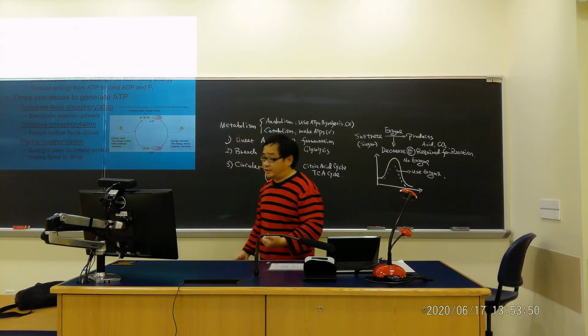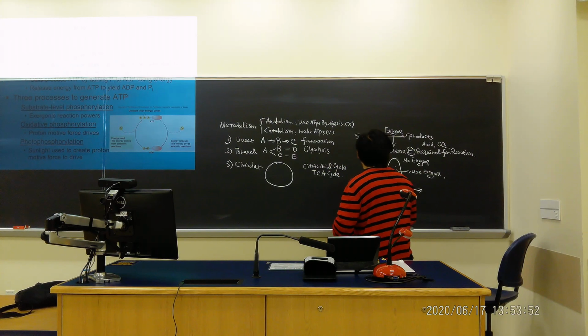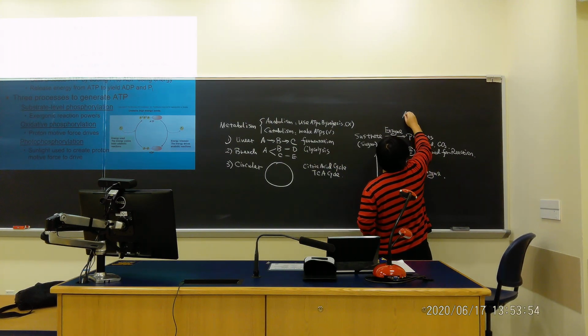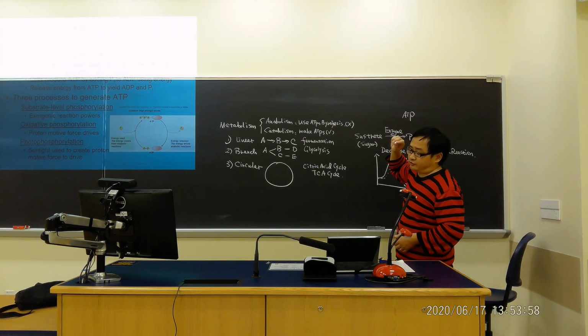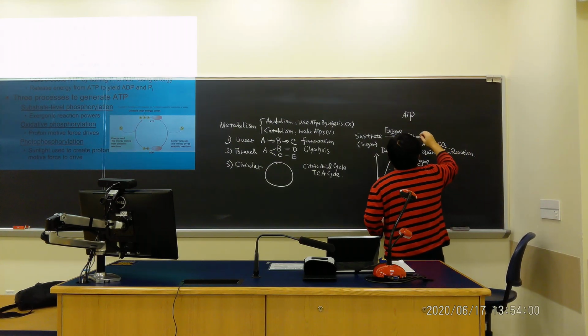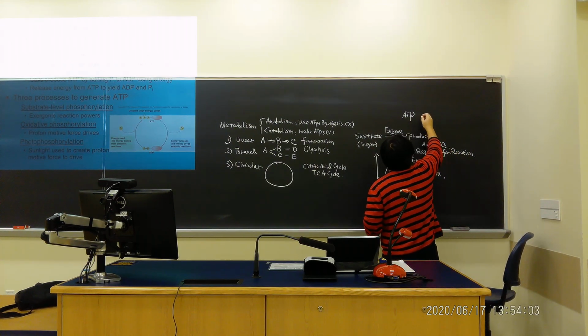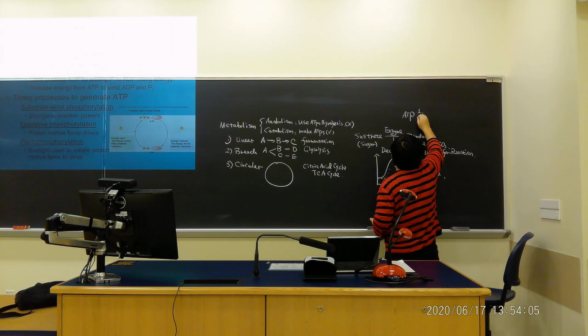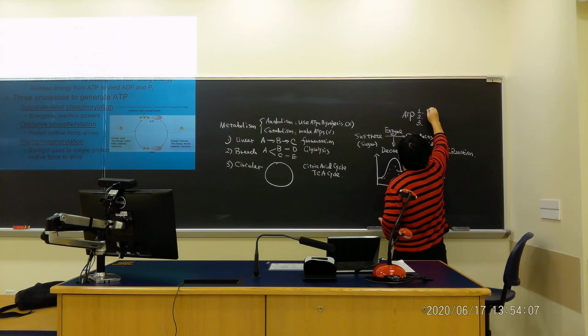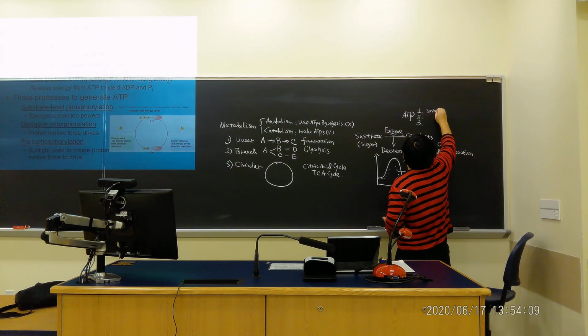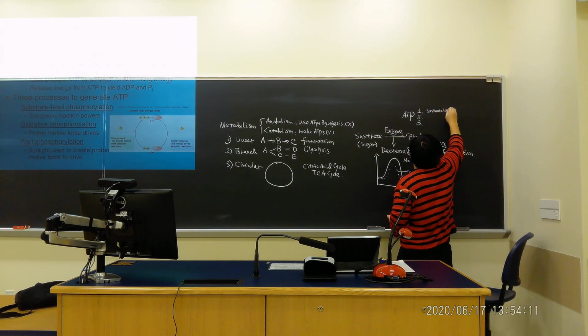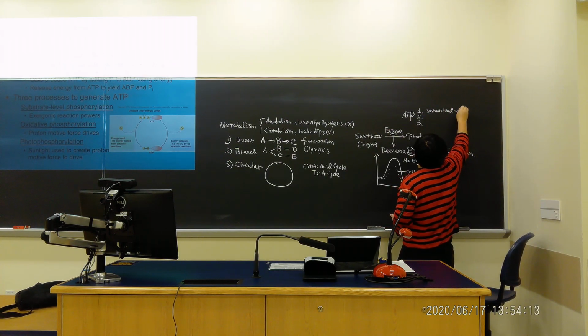Now we talk about ATP. Remember, ATP is the energy currency. ATP is adenosine triphosphate. And how are we going to get it? Basically, you have three methods. Number one is substrate level phosphorylation.